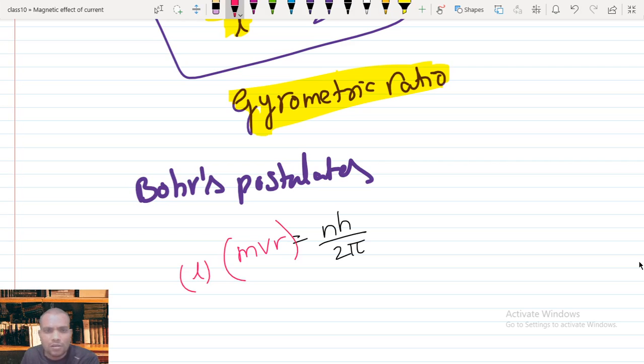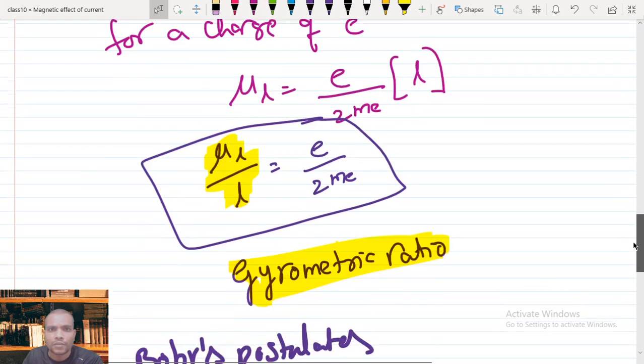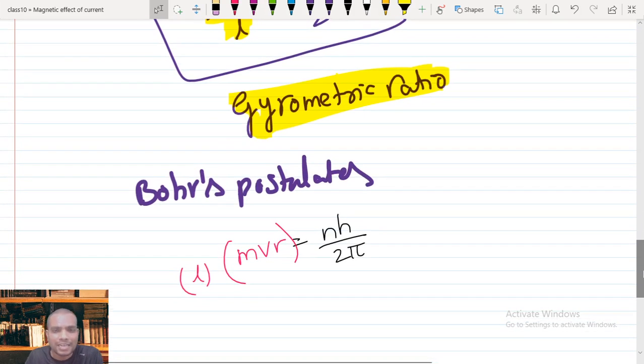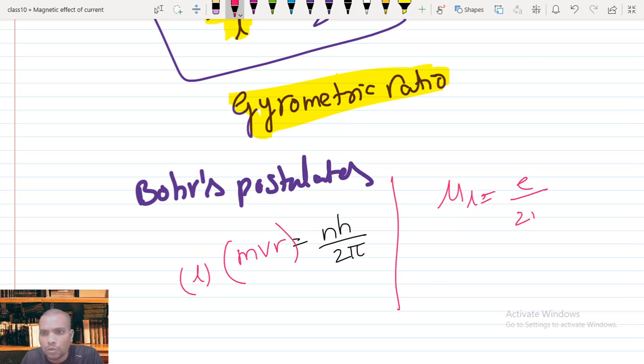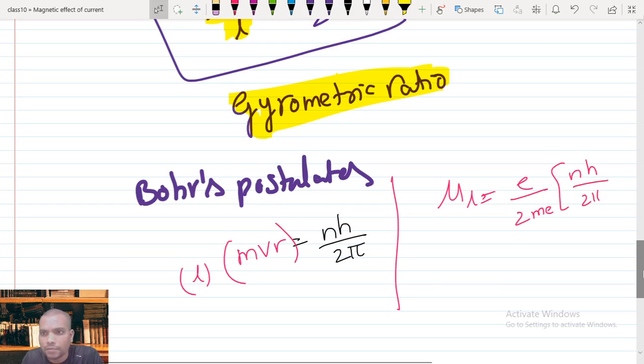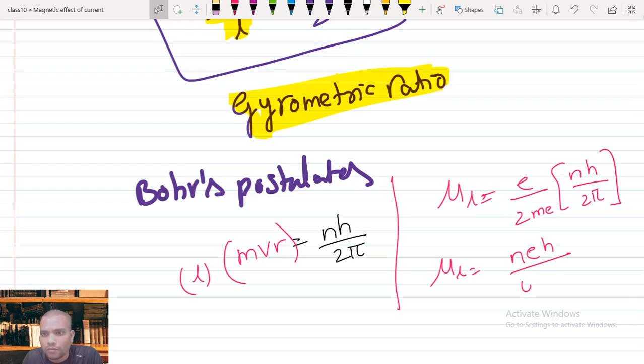In place of the above expression, if we substitute this condition, the orbital magnetic moment mu L equals e upon 2me times nh upon 2 pi. So mu L equals neh upon 4 pi m suffix e.